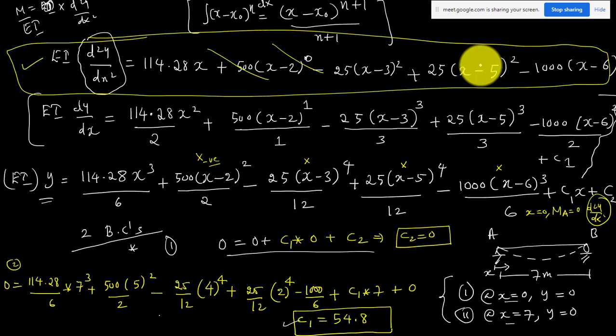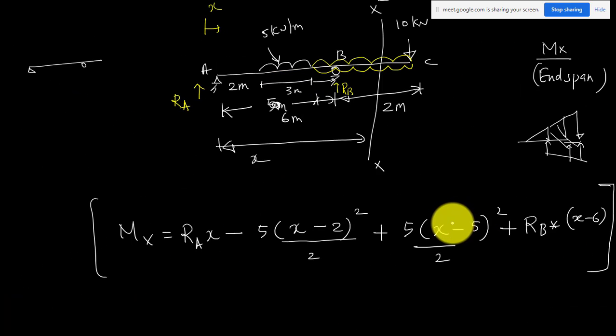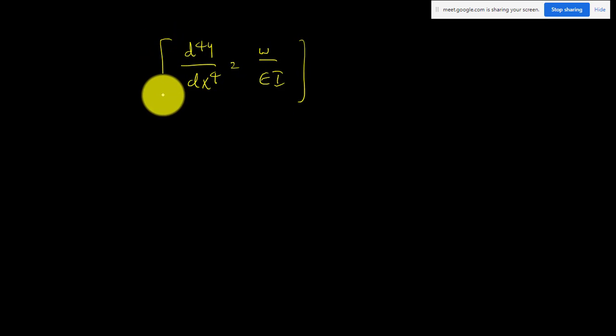I think you got the doubt because yesterday I used this boundary condition, I guess. There we had four constants. We started from this equation, w by EI, because that was a special problem. We cannot start from the moment equation, as I explained yesterday why. We integrated four times.